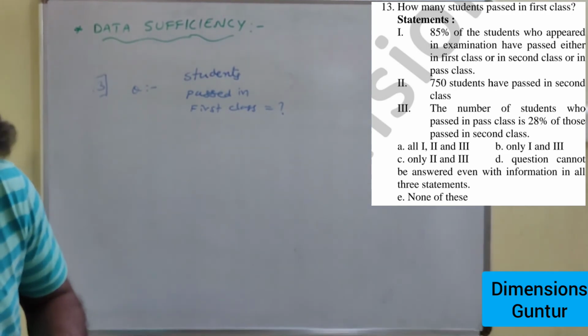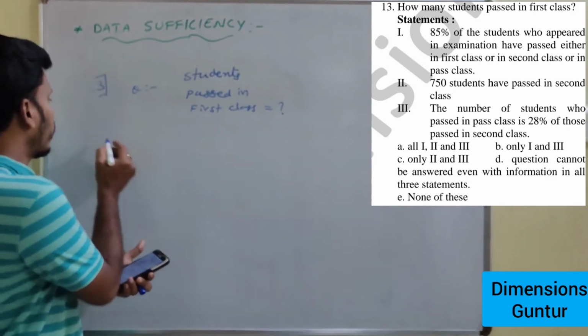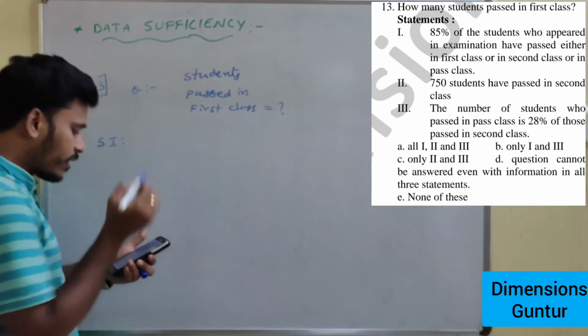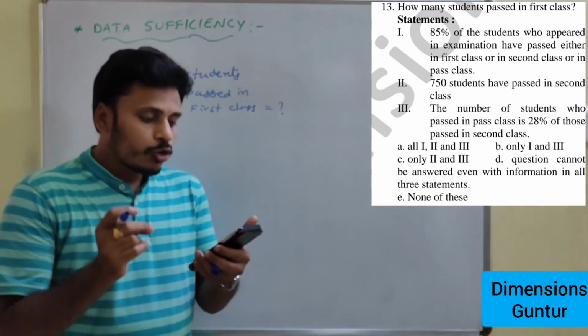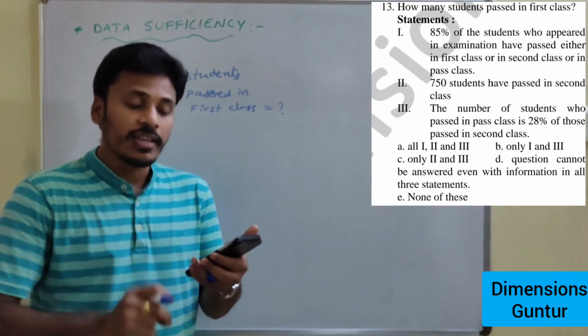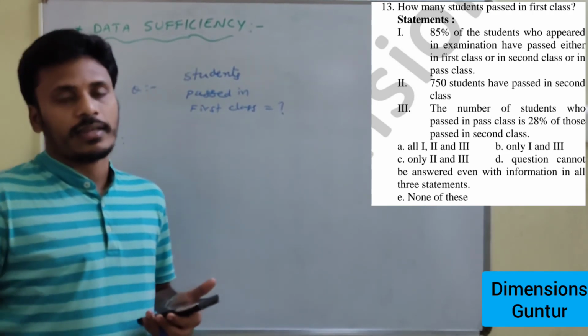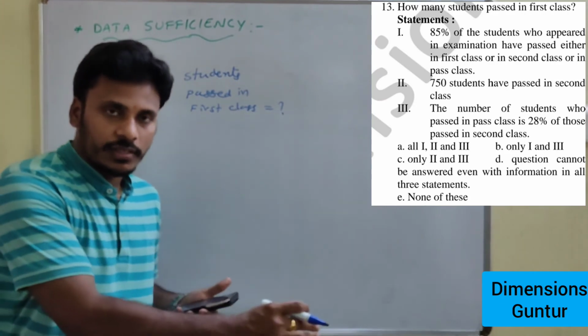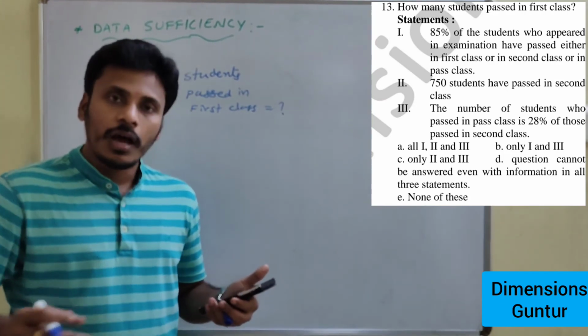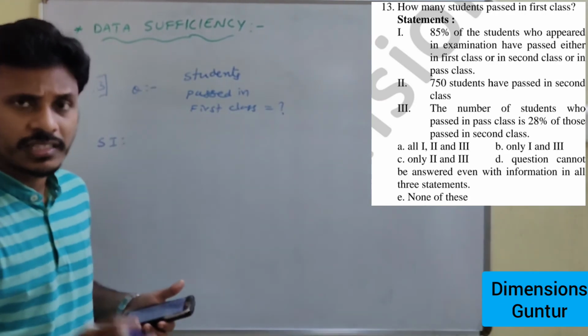Then what does statement 1 tell us? It is given that 85% of the students who appeared in the examination have passed either in first class, second class, or pass class. Some passed in first class, some in second class, and some in pass class. You might read it as third class.